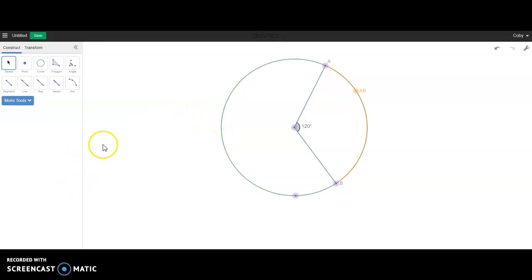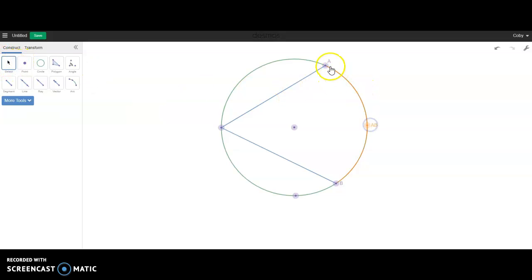Next, we're going to look at inscribed angles. So let me delete that. The inscribed angle is formed by two line segments that are on the circle itself. So rather than the vertex being on the center, the vertex has to be on the edge of the circle itself.